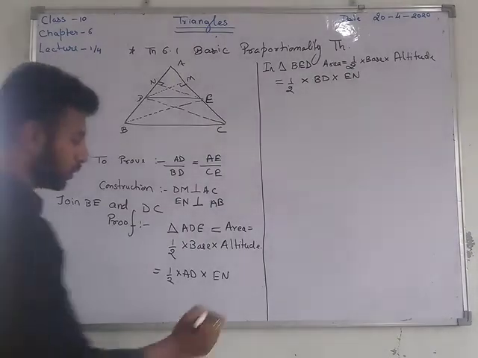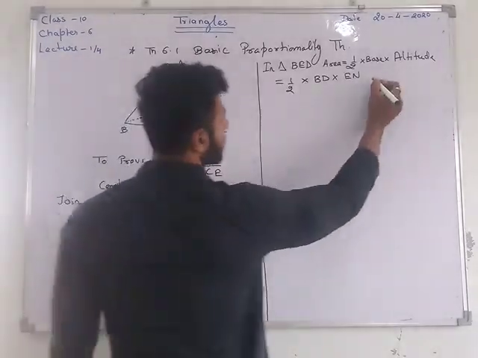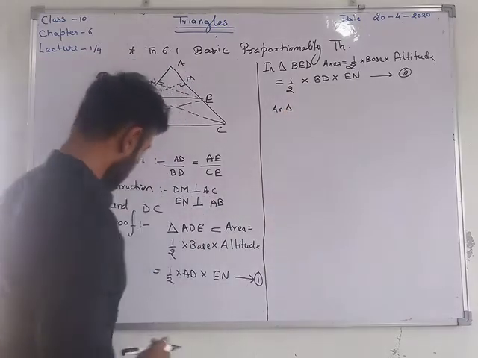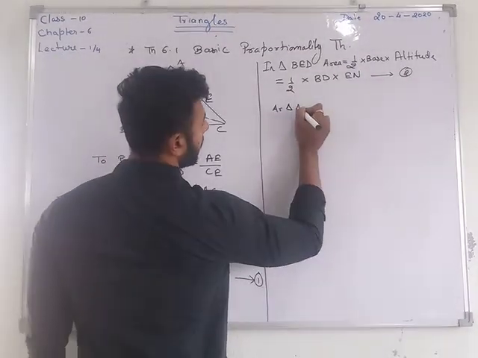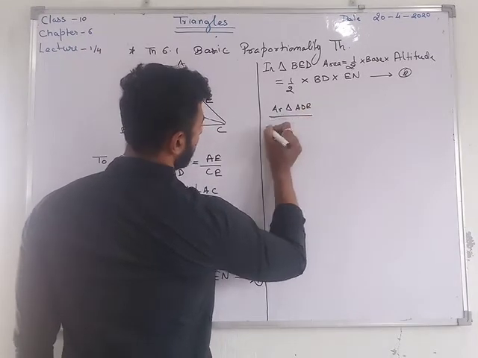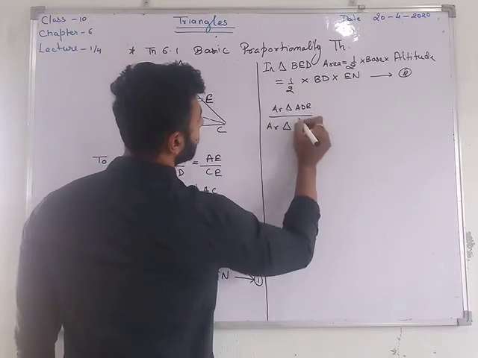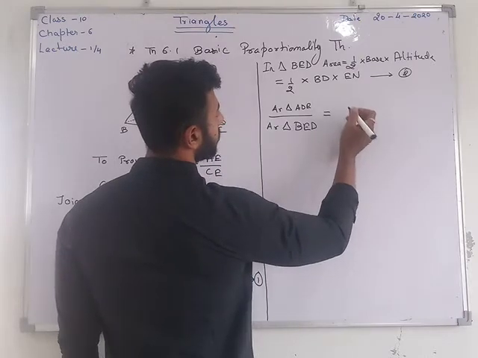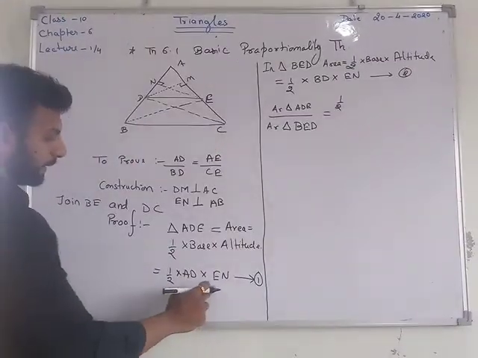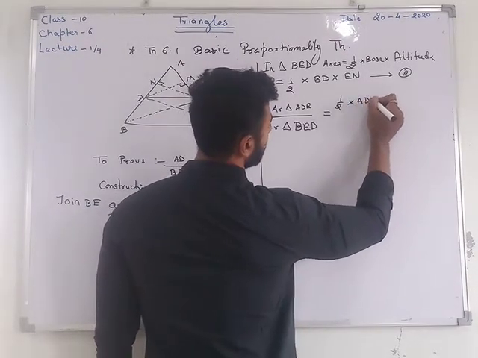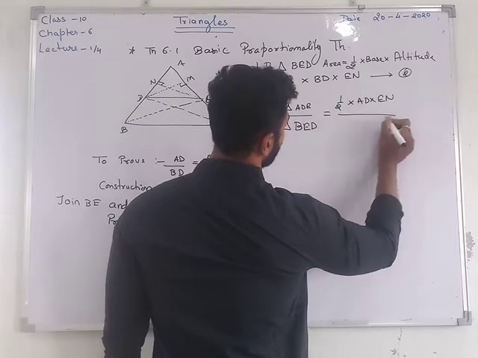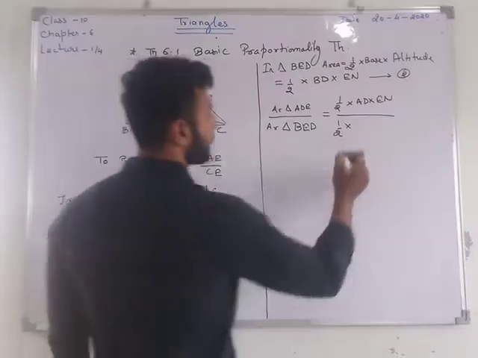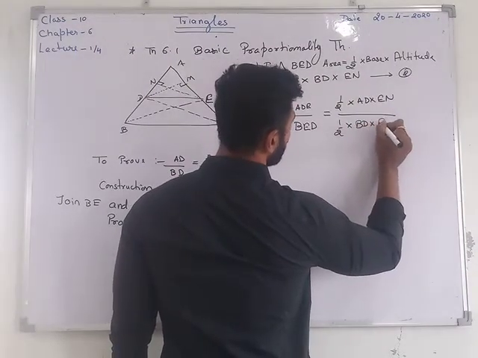Now taking the ratio of these two terms, area of triangle ADE by area of triangle BED is equal to half AD into EN upon half BD into EN.